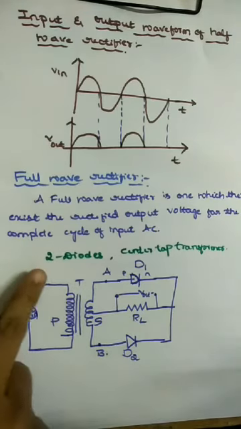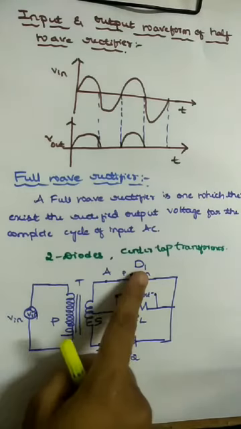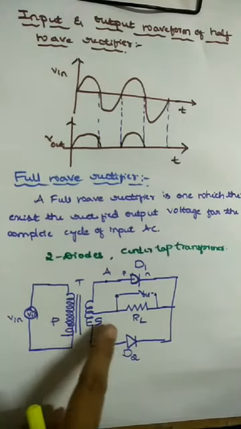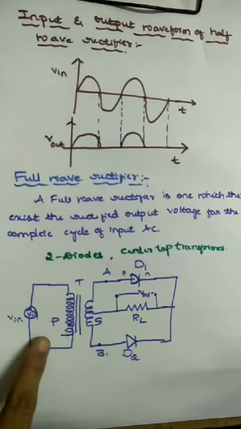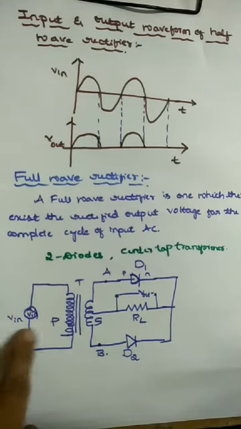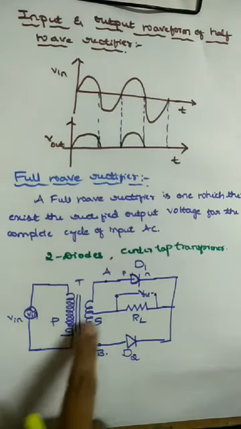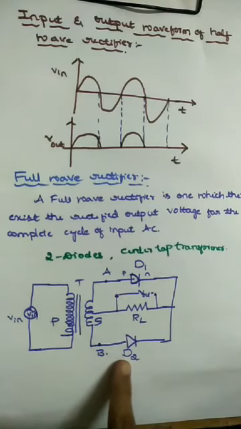In the circuit we use two diodes and a center tap transformer, which is also a step down transformer. Here this is the primary and this is the secondary. The primary is connected to the V input, that is the alternating current, and in the secondary we connect the two diodes, D1 and D2.